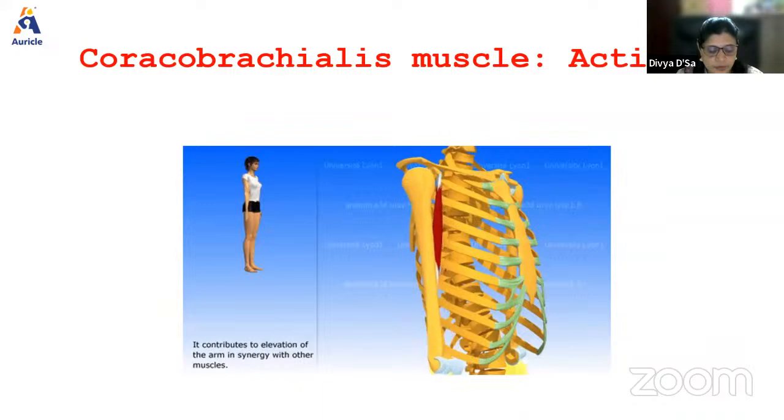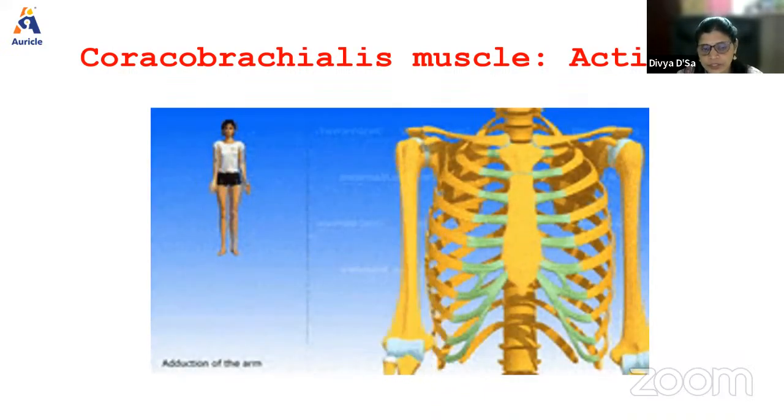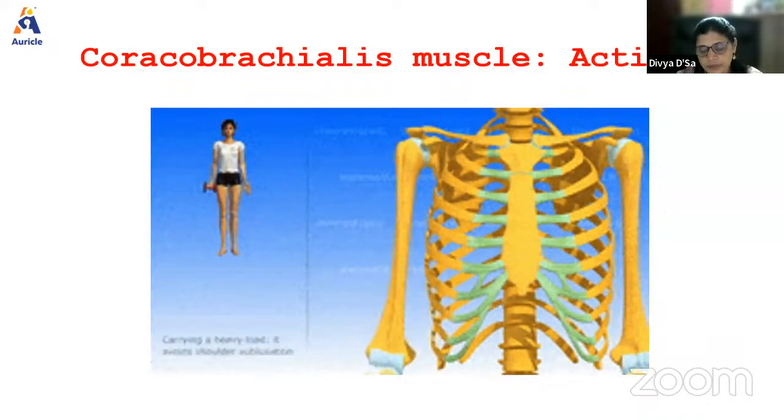So what does this muscle do? It is a weak flexor. It brings about weak flexion of the arm, as well as adduction.